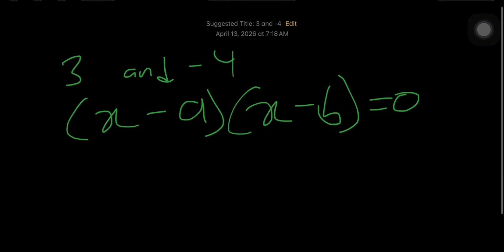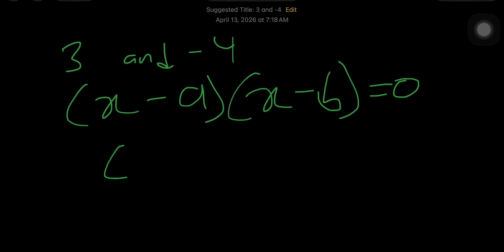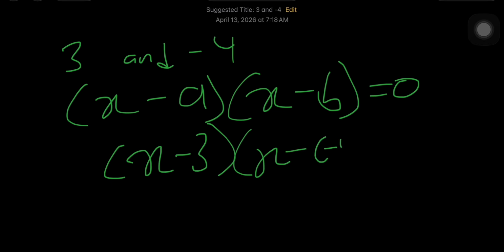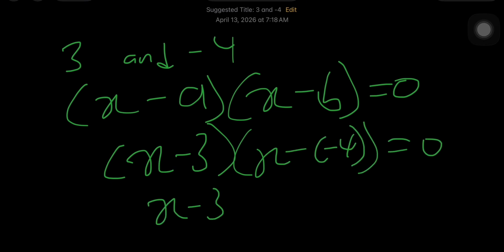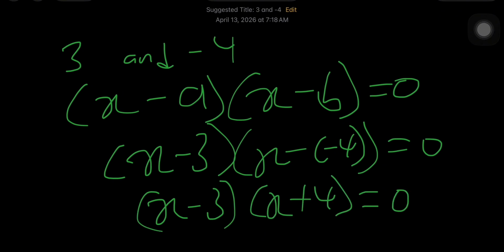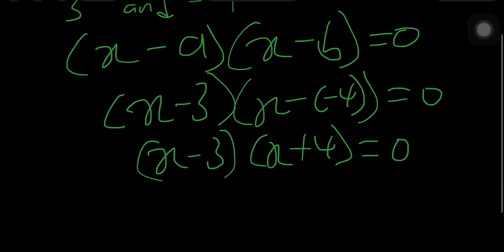So in this case, it's going to be (x minus 3) multiplying (x minus -4) equals 0. That will be (x minus 3) multiplying (x plus 4) equals 0.